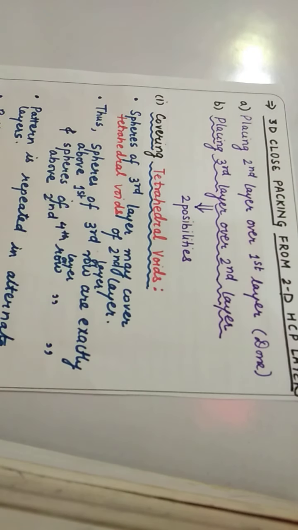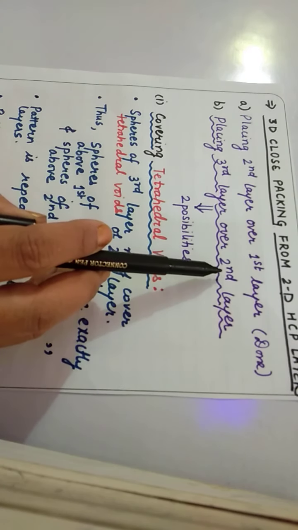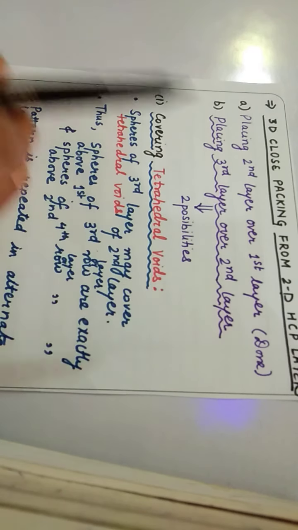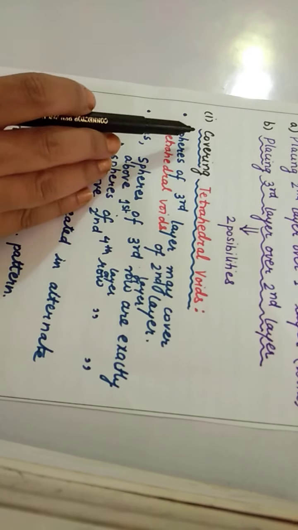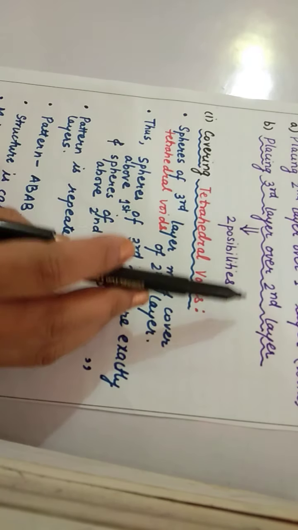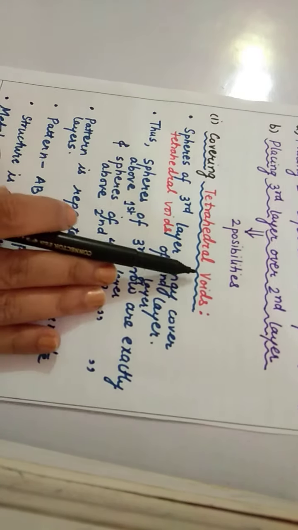So the possibilities will be that the third layer may be covering either the tetrahedral void or the octahedral void. The first possibility is that the third layer covers the tetrahedral void of the second layer.